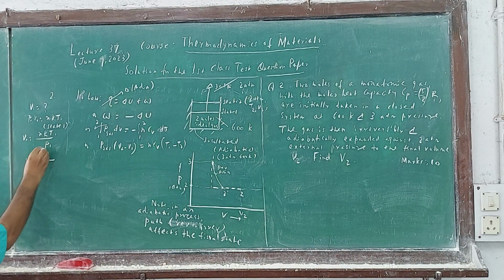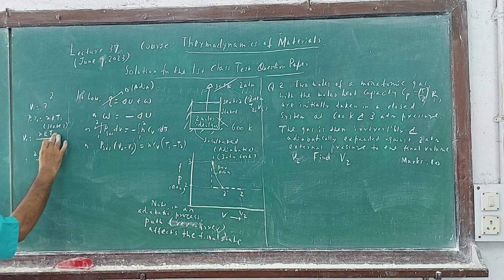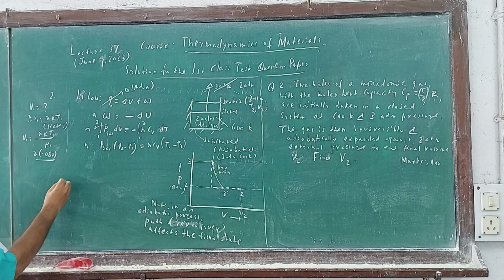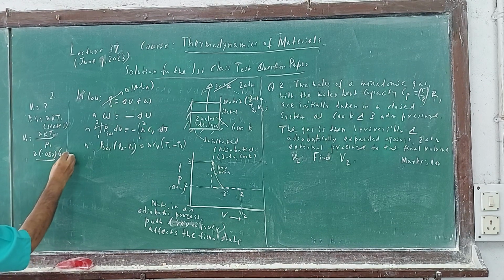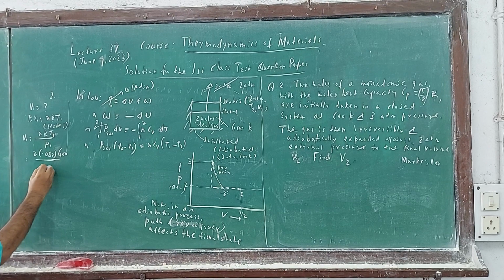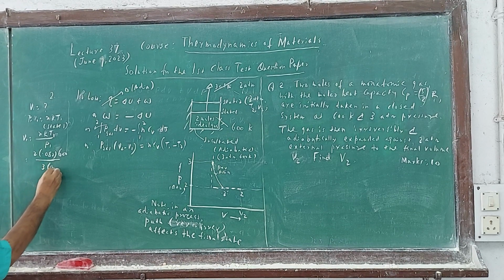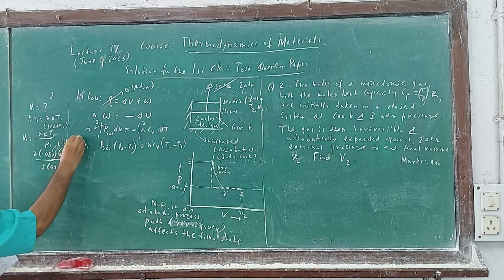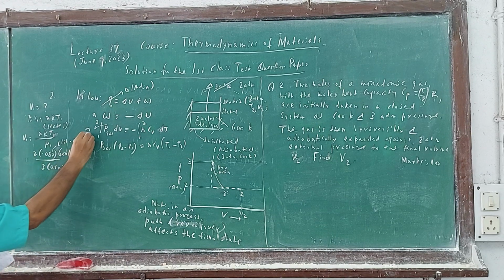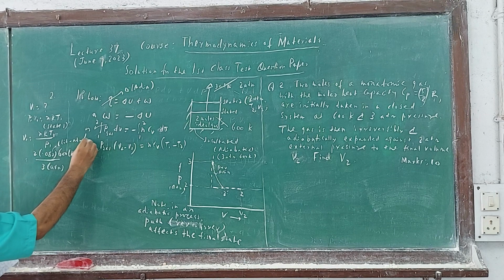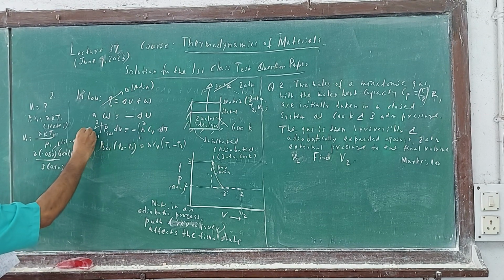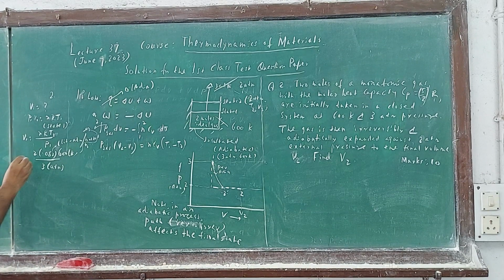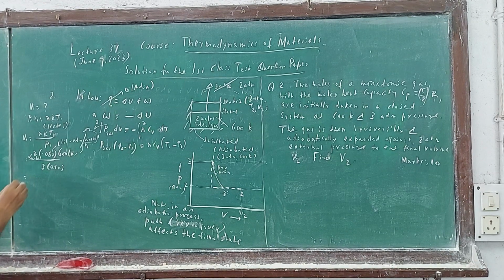Substitute 2 moles, R is 0.082 liter atmosphere per mole Kelvin, T1 is 600 Kelvin, P1 is 3 atmosphere. Writing the units, the moles and Kelvin cancel, and the answer is 32.8 liter.